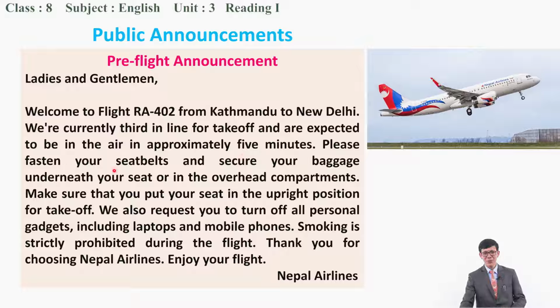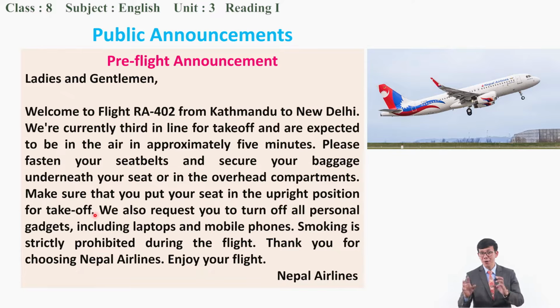Please fasten your seat belts and secure your baggage underneath your seat or in the overhead compartments. This is the information to the passengers. They are requested to fasten their seat belts and secure their baggage. Make sure that you put your seat in the upright position for takeoff.